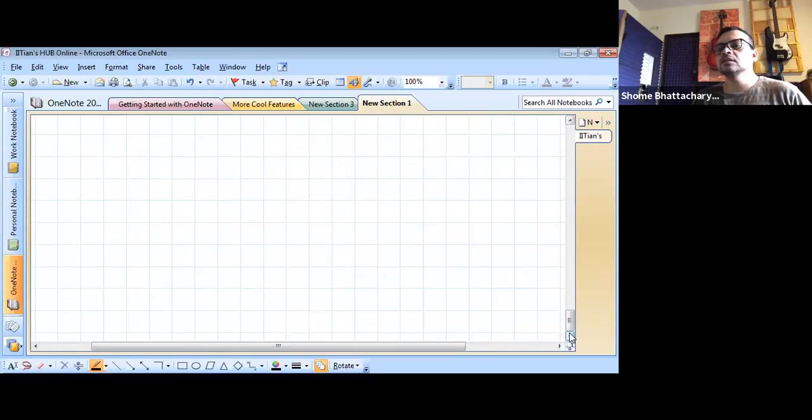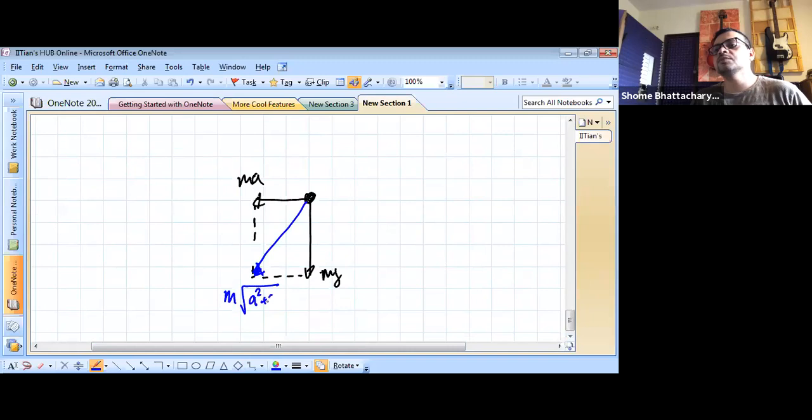You can see that if you take the vector sum of mg plus ma, that is like an effective weight, which is m root of a square plus g square, like an mg prime.